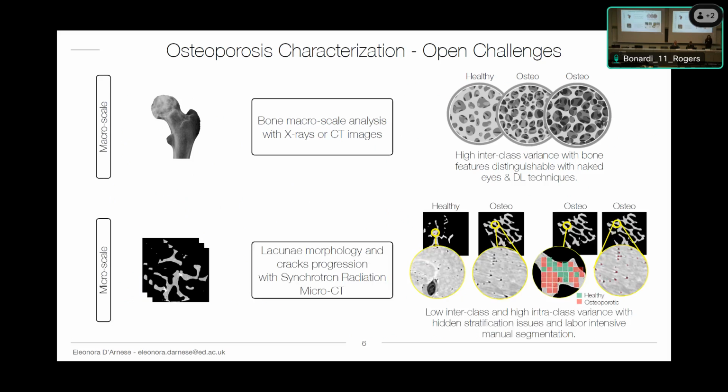The problem is that if we want to understand how the bone changes, we need to go to the micro scale. And here we are interested in the morphology of lacunae. Lacunae are small holes inside our bone where cells live. And the cells that live within these lacunae are the ones that take care of reshaping, reforming, and resorbing parts of our bones.